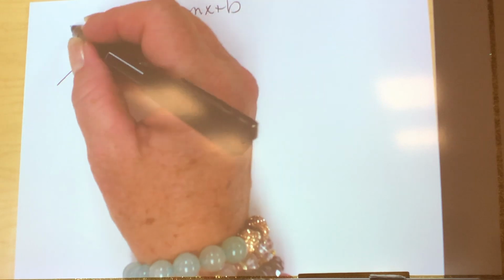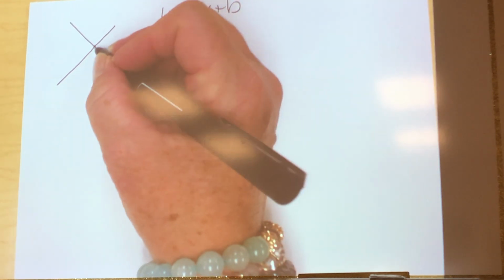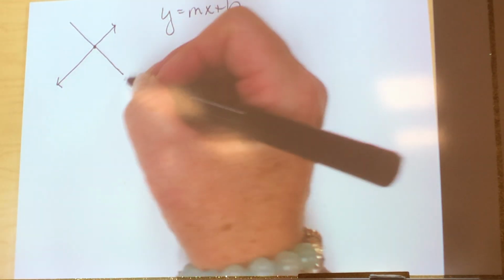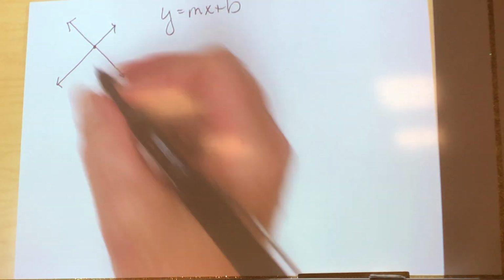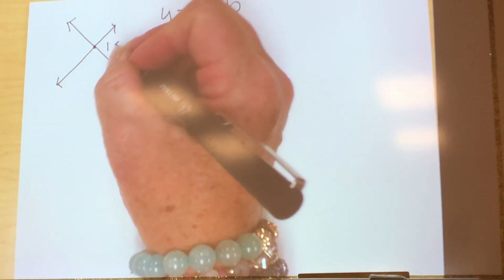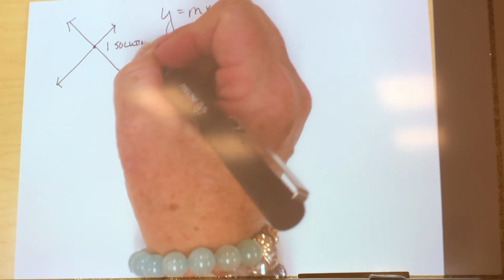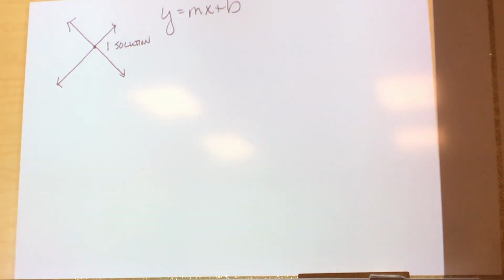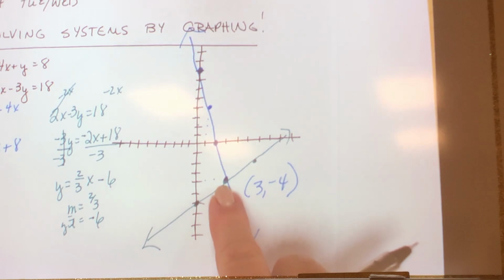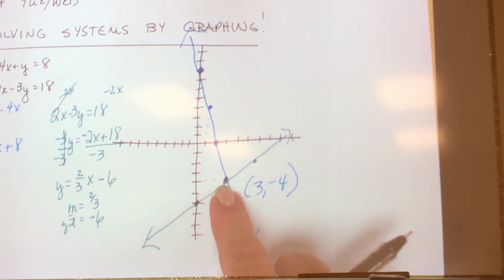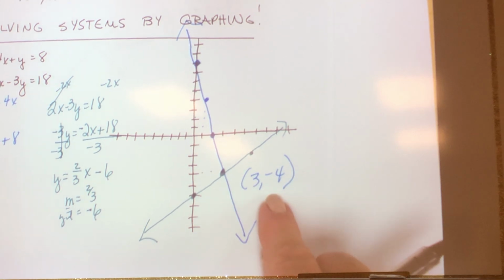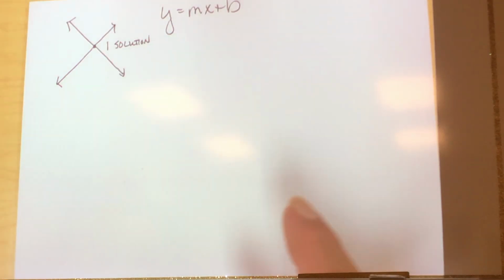One thing they could do is they could intersect in one point. Do you agree with that? One solution. That's the one we had, right? That's what these guys did right here. They intersected in one point. Are they ever going to intersect again? No. So they intersect in one point. They have one solution.